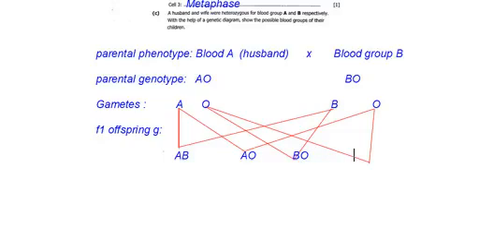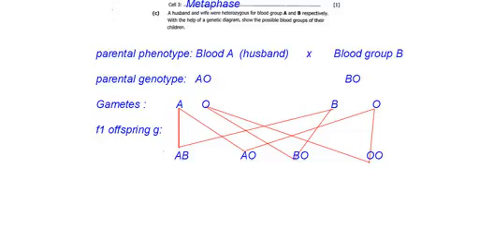Then here you are going to have OO. So remember, blood group O is recessive. So this simply means that blood group A or blood group B is dominant over blood group O.